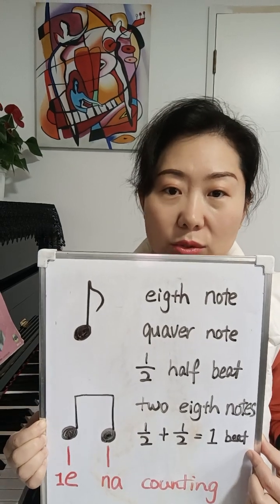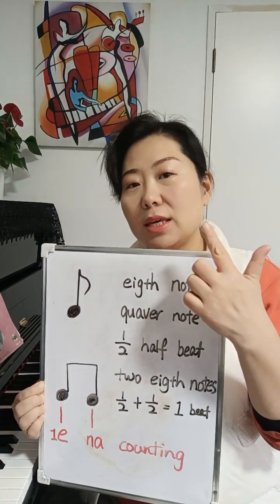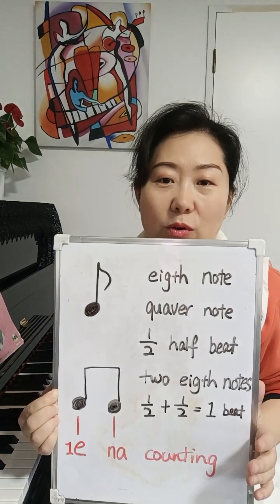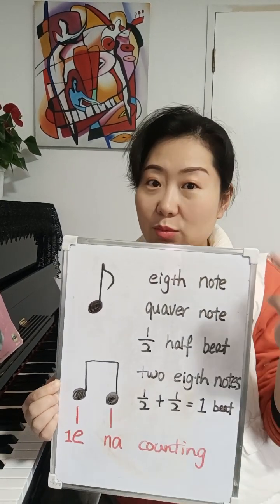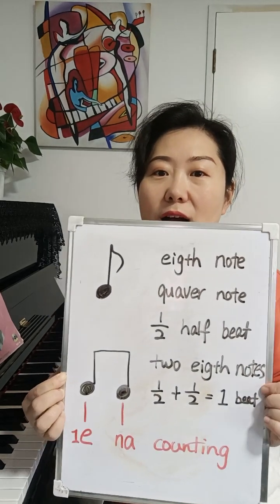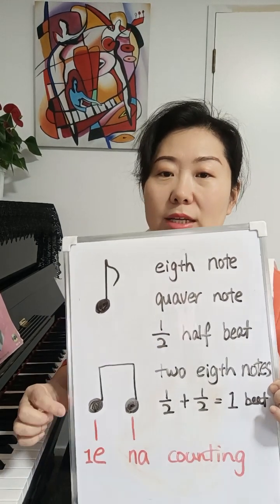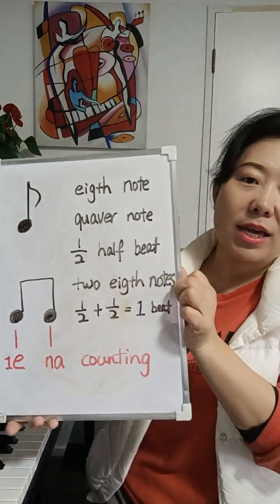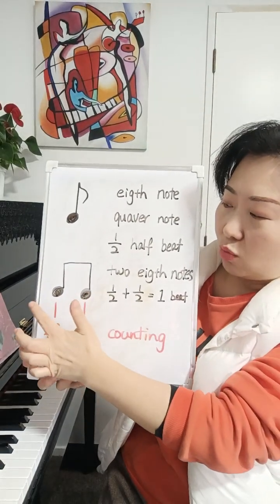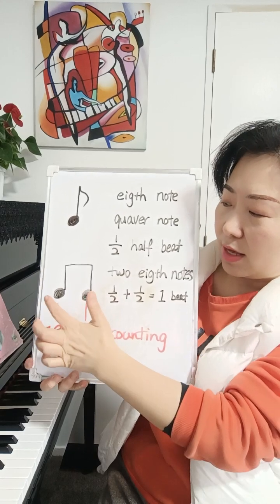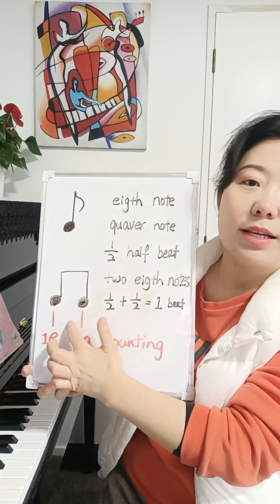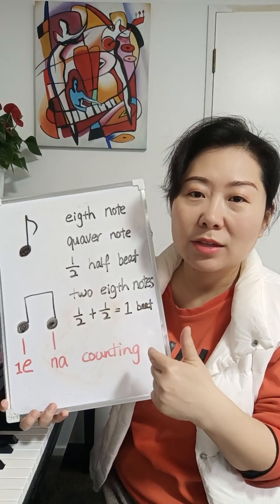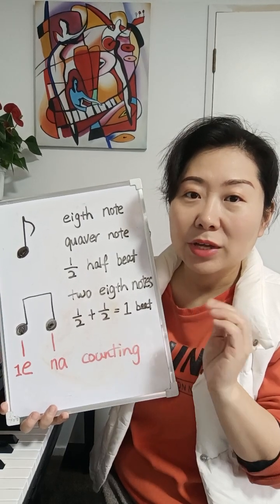Before, when we counted the quarter notes, we said 1 E N A. So four words, four sounds. Now we're going to divide them into two groups. One eighth note counts 1 E, and then the other one is called N A. So it's 1 E N A, 1 E N A. It feels a little bit faster now because the eighth note, quaver note, is only half beat.